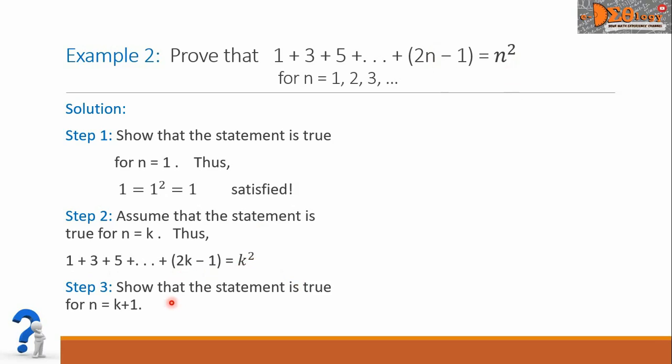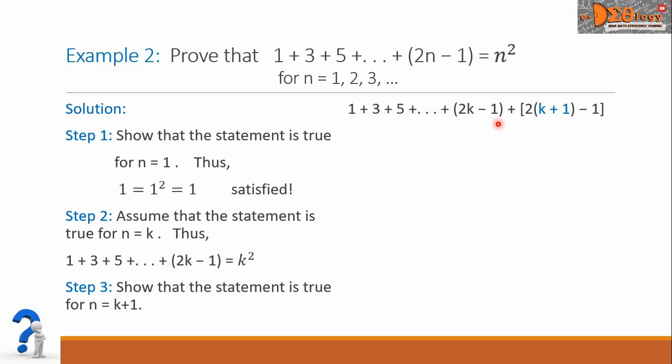Step 3. Show that the statement is true for n equals k plus 1. We're going to write the left side, and then we will add the next term after the 2k minus 1. That term follows the same pattern, but for the k, it will be replaced by k plus 1. So it will be like this.